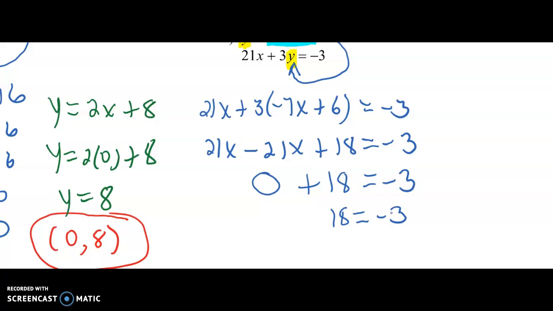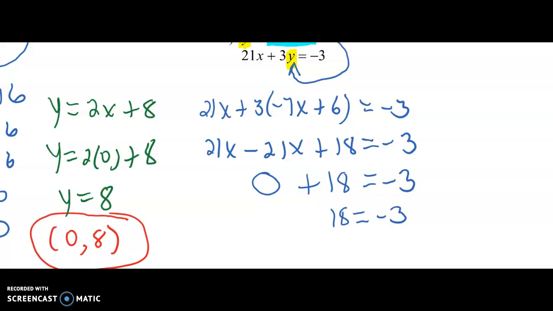Again, if there is a solution for a system, that means we found a value for x and for y. But the y's got eliminated when we did the substitution. The x's got eliminated when we did the substitution, leaving us with no variables to solve for. So the statement that we're left with, again, is not true.